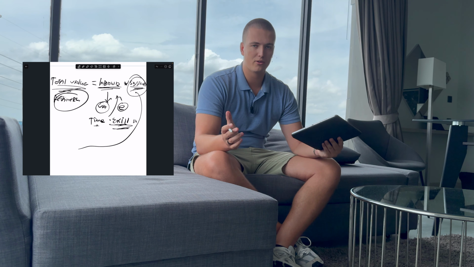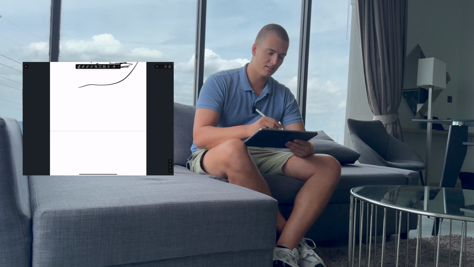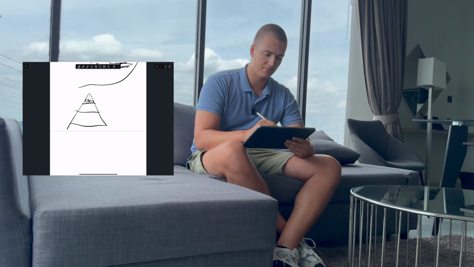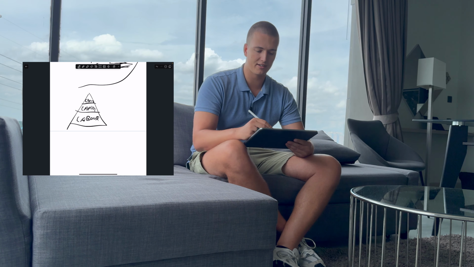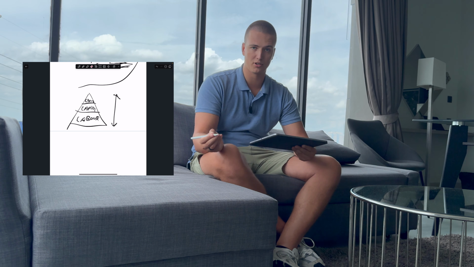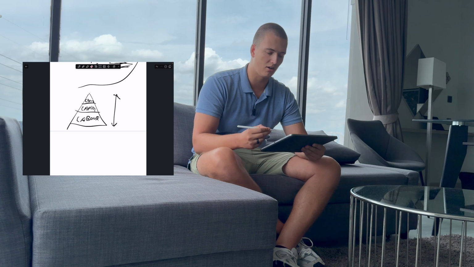Because I don't want to get sidetracked too much, but if you know the leverage pyramid, it's like code plus media, and then it's like capital, and then it's like labor. So this is how much leverage something has, and the higher up, so code plus media, that's the best thing, that's like Facebook, and the lower down, the less.